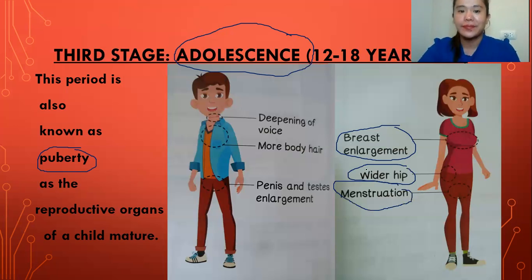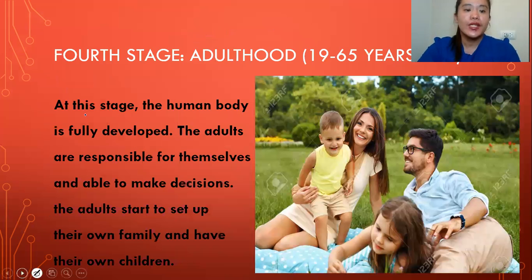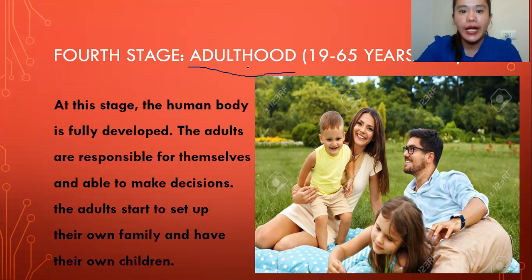All right. So that is adolescence. So let's go to the next slide. The fourth stage is adulthood. Everybody, can you say adulthood? Okay, can you spell adulthood?